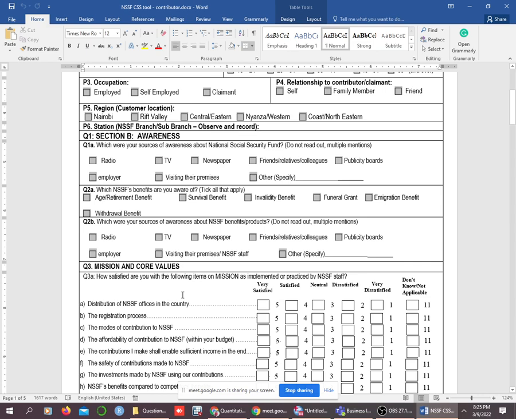If you check the way those answers have been structured, you realize they have some sort of weight assigned to the response, whereby for the person who's very satisfied, you can see there's a value of 5 there. So we are saying the most positive response is assigned the highest weight, while the most negative response is assigned the lowest weight.